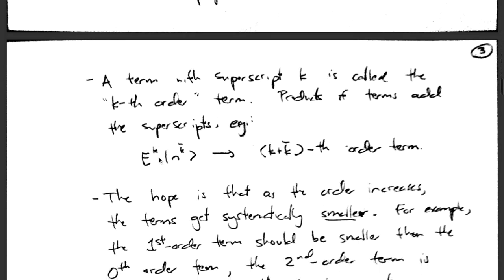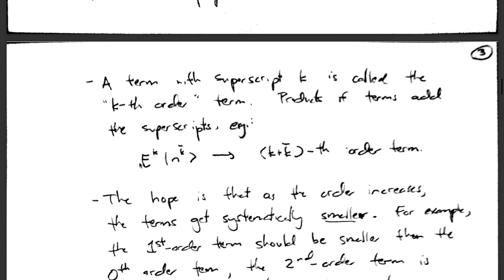Products where you have different superscripts, so like if we had some case where we had some energy term with a superscript k and it's multiplying an eigenket with a superscript k bar, we would call this the k plus k barth order term. In other words, the superscripts add together.